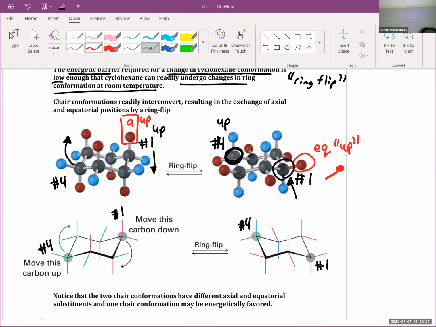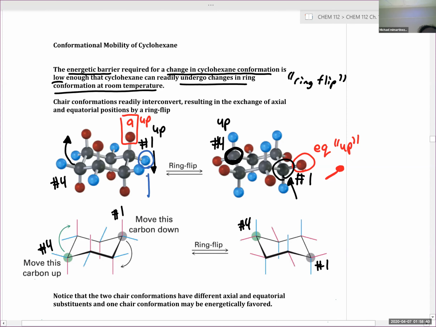So let's take a look at that one more time. In this case, let's look at the equatorial substituent. It's equatorial, pointing down. So after a ring flip, we have a substituent that's now axial. And is it pointing up or down? This substituent in blue that I've circled on the right-hand side.